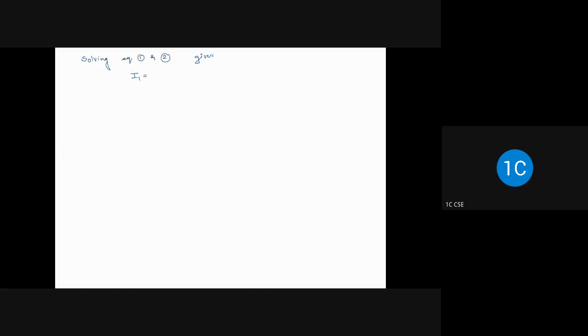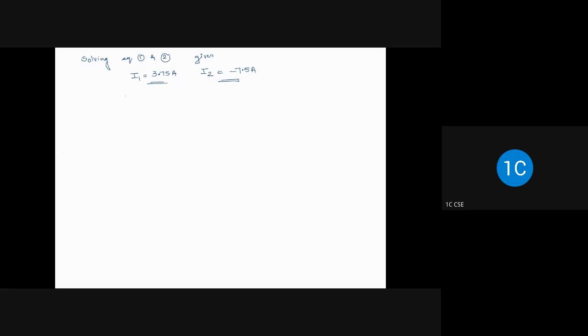Okay, what's the mesh current I1? 3.75. And I2 is minus 7.5 amperes. Okay. Now, what you have found are the mesh currents, I1 and I2.